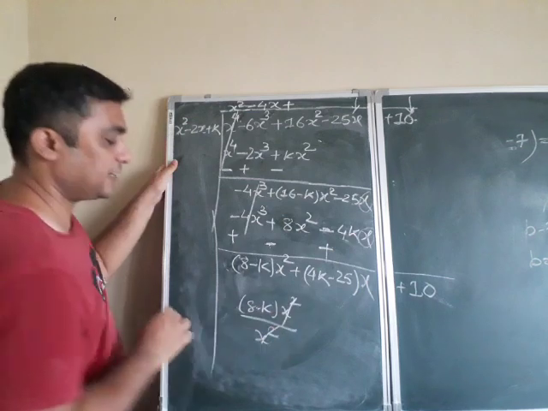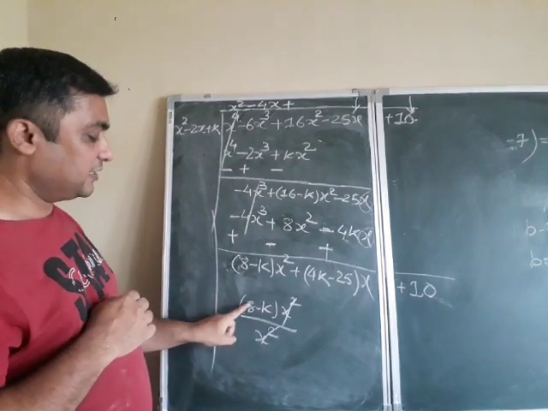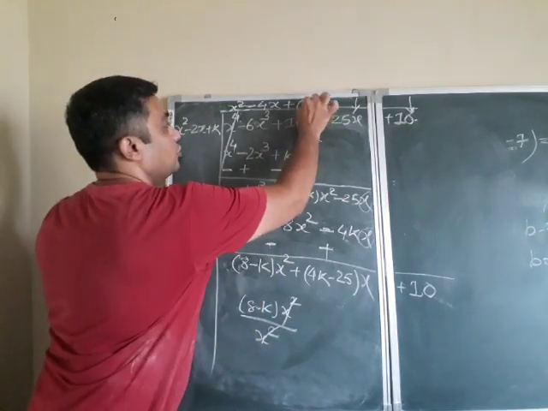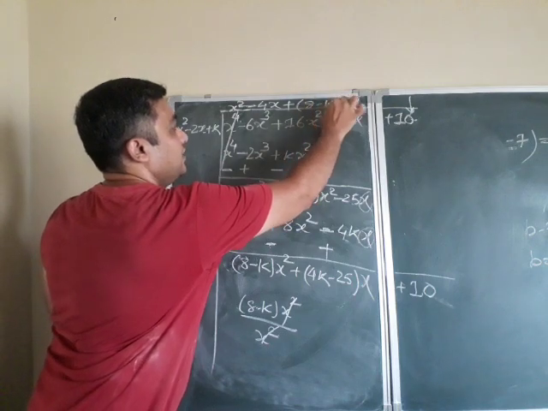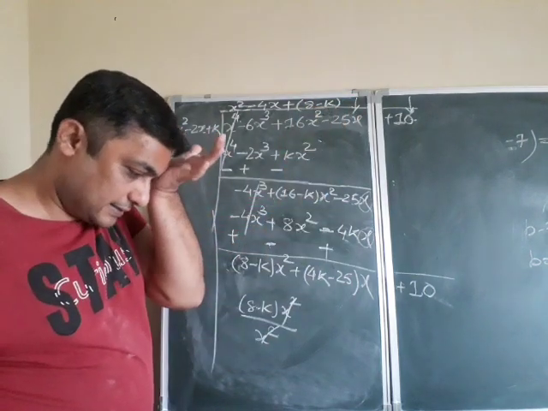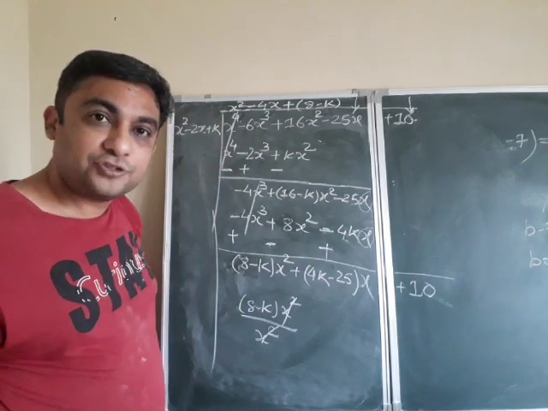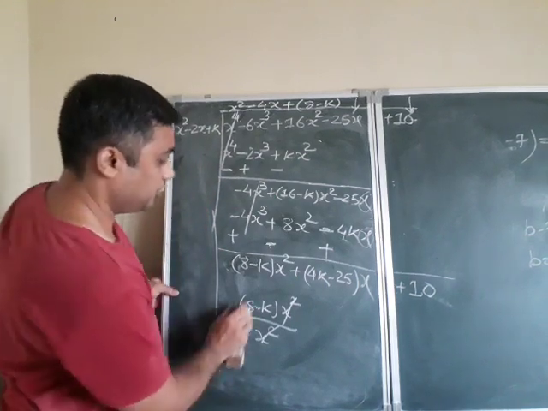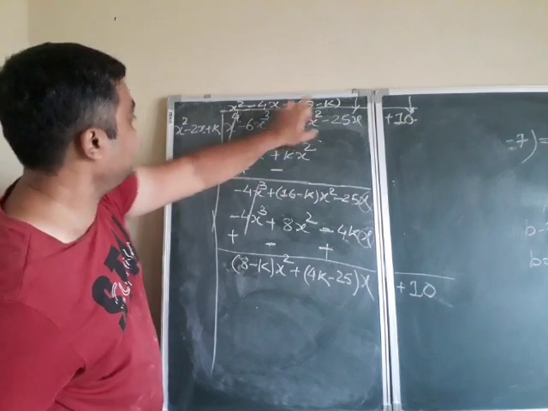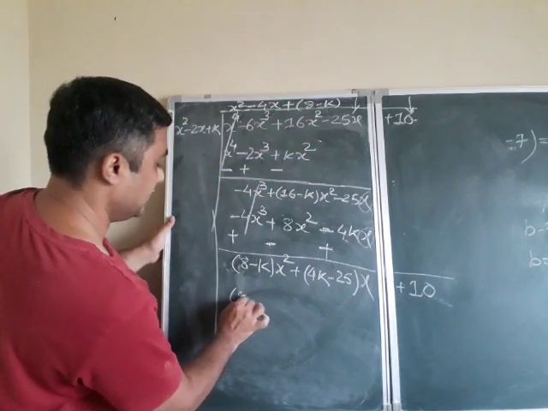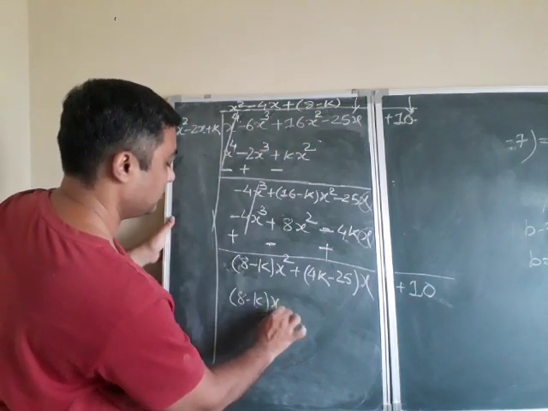So x square cancels. Okay? So which one is left? 8 minus k. So here which number should be inserted? 8 minus k. So 8 minus k into x square.